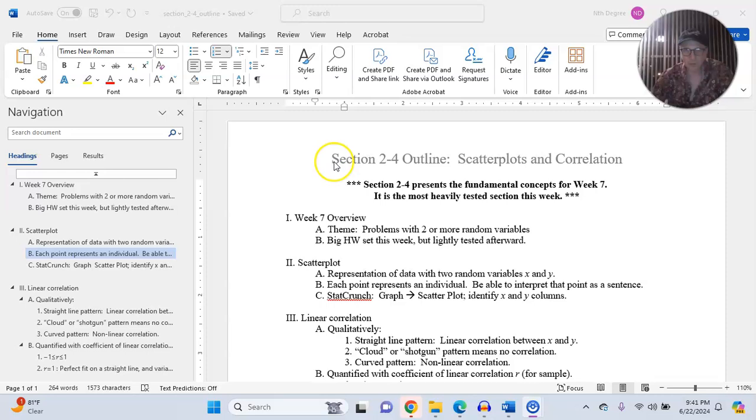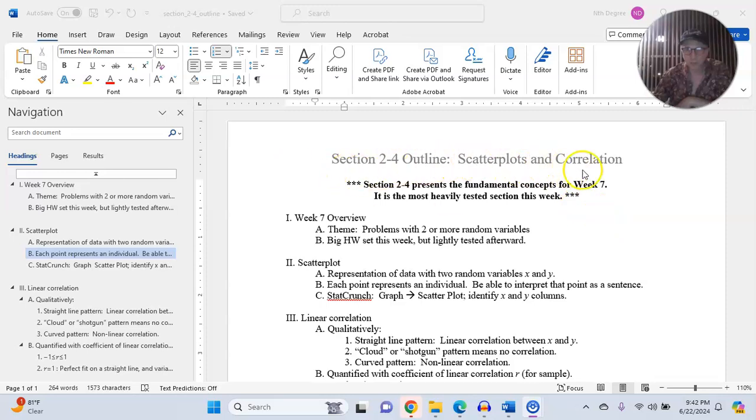All right, so let's start out. This book, again, like it does sometimes, this course kind of jumps around from one different point of the textbook to another. We start out with section 2.4, oddly enough, and then make some leaps into chapters 10 and 11. As it turns out, section 2.4 is the most heavily tested section of this week.